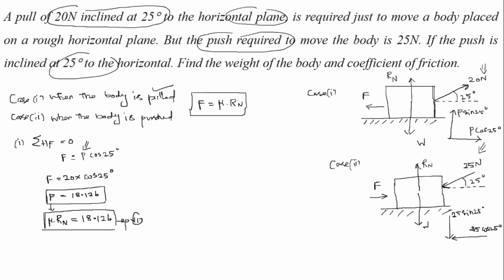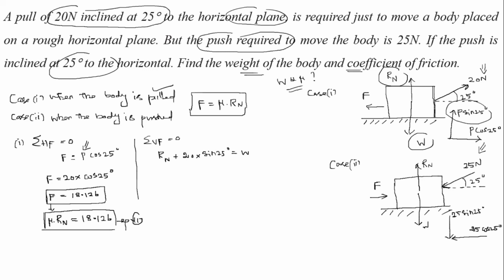Similarly, resolve the forces vertically, sum of vertical forces is equal to 0. How many vertical forces? Rn, P sin 25 and W. Upward forces are equal to downward force. So, Rn plus 20 into sin 25 degree is equal to W. W and mu we have to find.